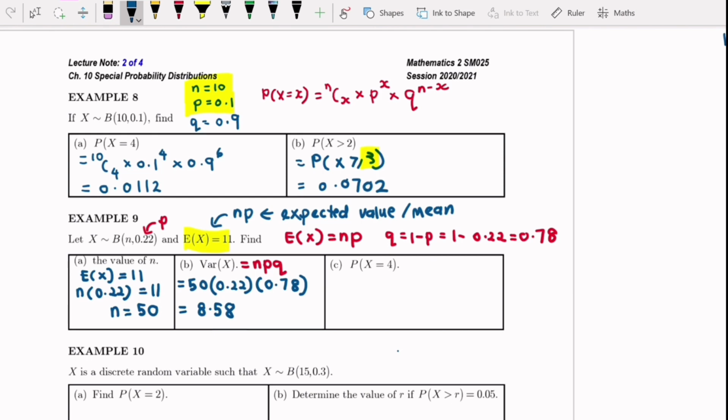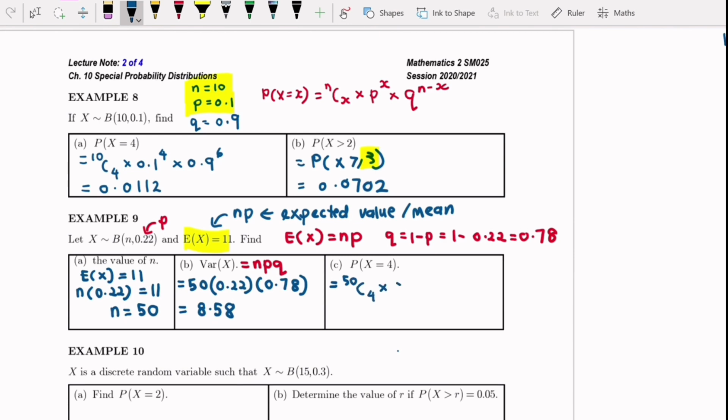Question C. Find the probability of X equals 4. So, we can use the formula. Probability X equals 4 is equal to nCx, so 50C4 times p to the power of x.